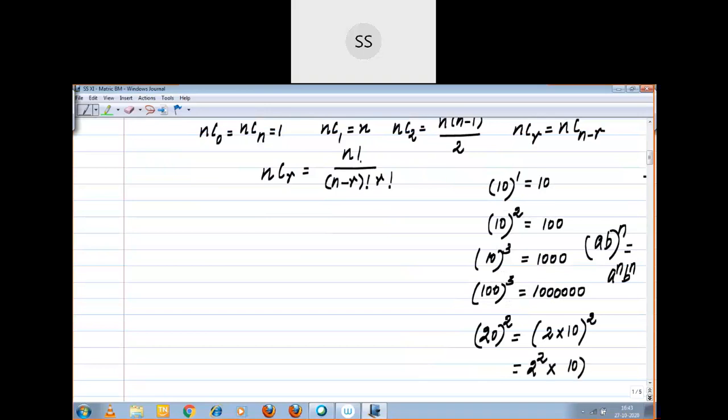The same logic. 2 to the power 2 into 10 to the power 2. 10, power is 2. So how many zeros? 2 zeros. 2 2s are 4. 4 into 100, which is equal to 400. Got it, children? Multiples of 10, it is possible. Right?